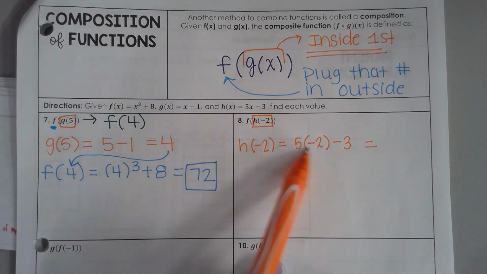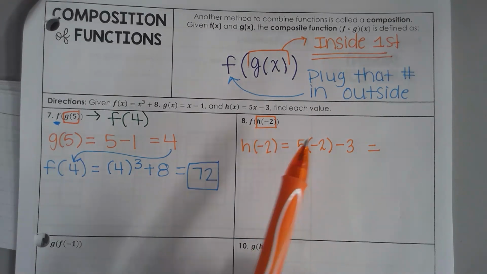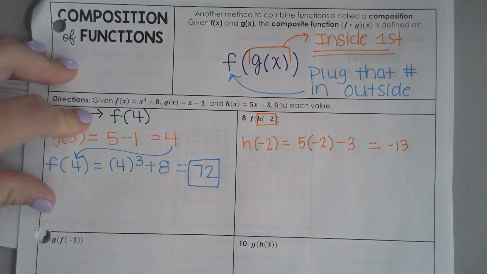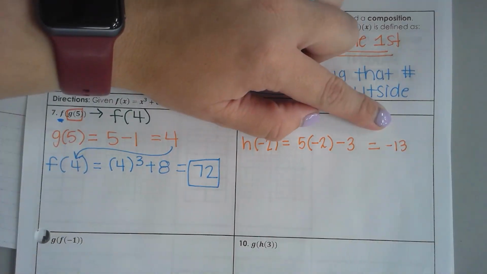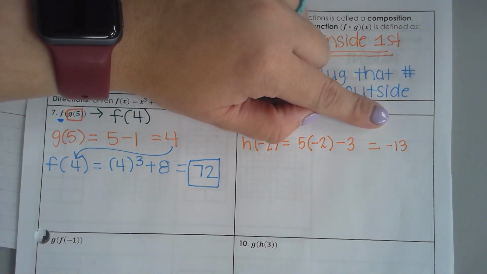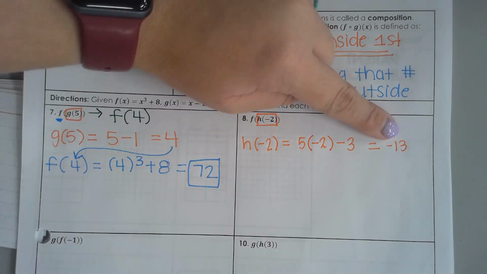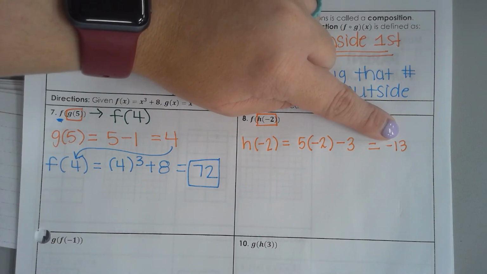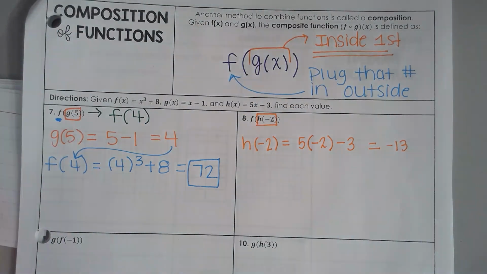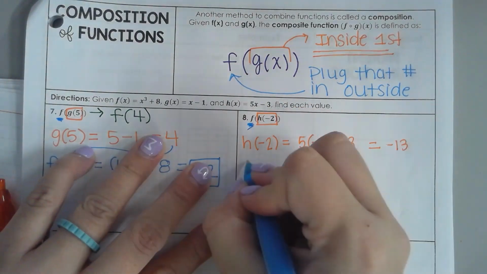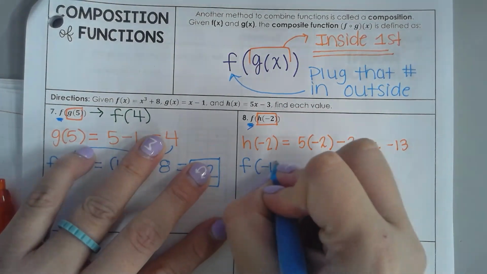Brody, have you typed that in yet? Yeah, negative 13. Yep, it is negative 13. So now, I'm going to take that negative 13. What function am I going to plug it in for? F. F, because F is the one on the outside. So I'm going to do f of negative 13.